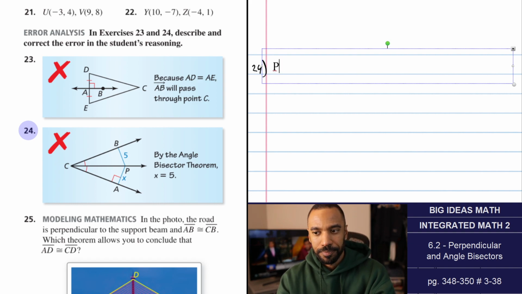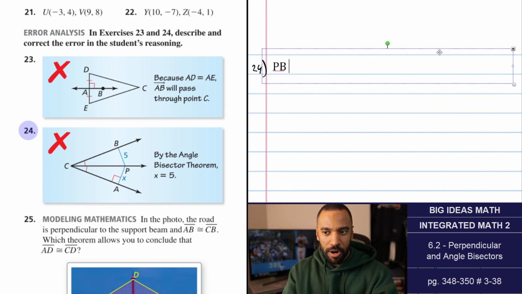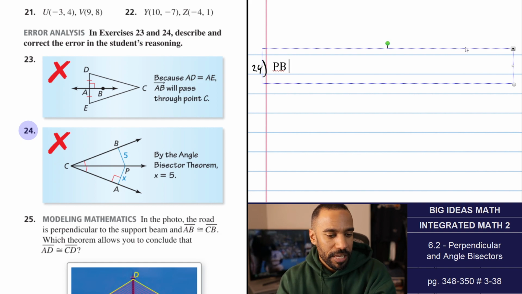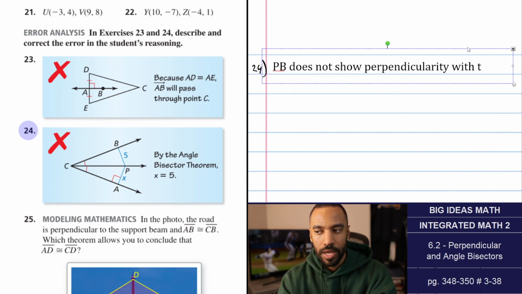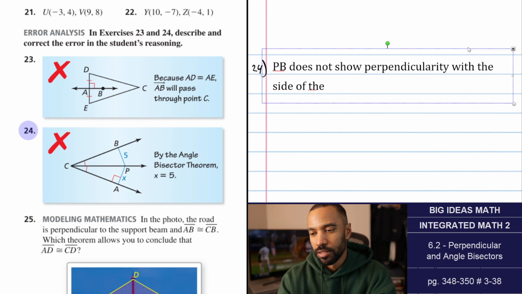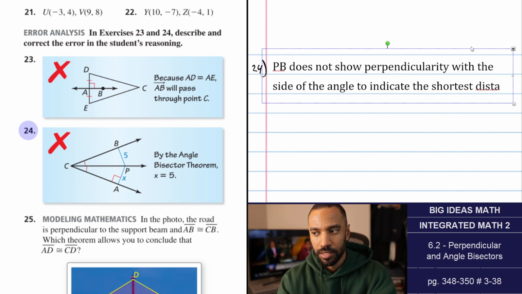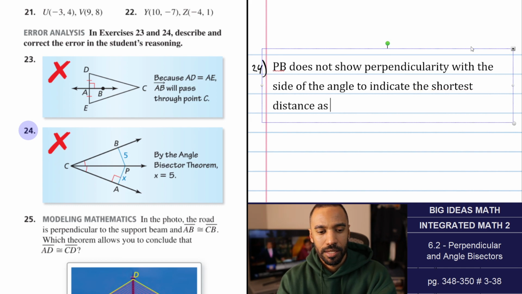Segment PB, and pretend like there's a segment bar above for a moment, but segment PB does not show perpendicularity with the side of the angle to indicate the shortest distance as PA does to the other side of the angle.